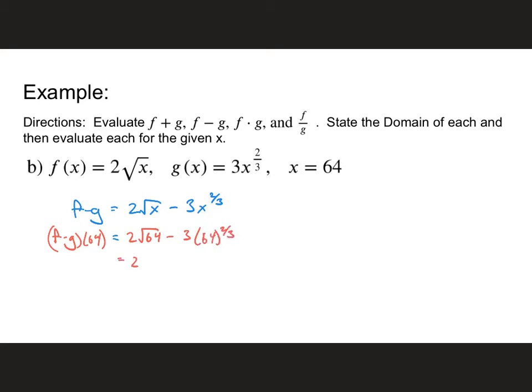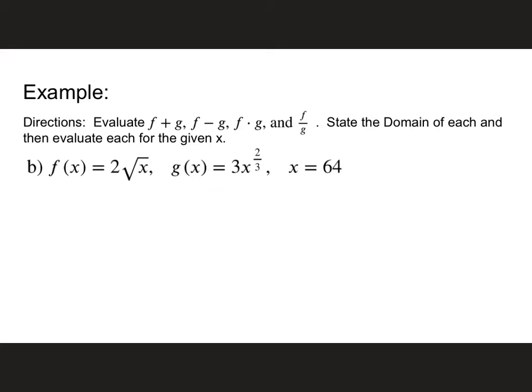I feel like I just did this problem, but it's subtraction. That's 2 times 8 minus 3 times 16, which will give me my final answer of negative 32 when I do the math. All right, same idea here. The domain's actually the same: the overlap of the two, x greater than or equal to 0.